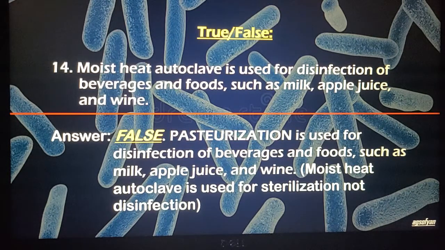Okay, for disinfections of beverages and food, such as milk and apple juice, usually we use what we call the pasteurization. So pasteurization is for disinfection of food and beverages.